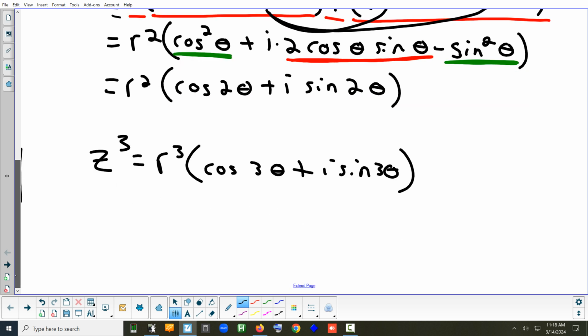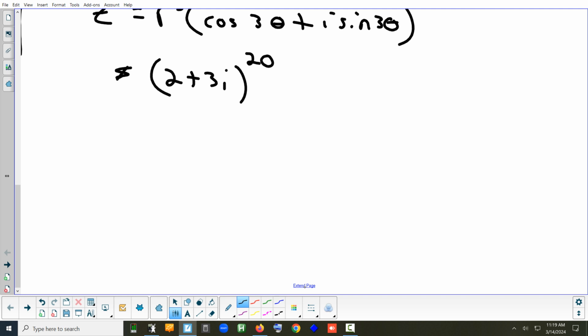So now if you ask me to do something like 2 plus 3i to the 20th power, there's no way you're going to be able to write 2 plus 3i and FOIL it 20 times. But if you change it to trig form, the answer is going to be whatever you get for the radius to the 20th power. We could just leave it like that.